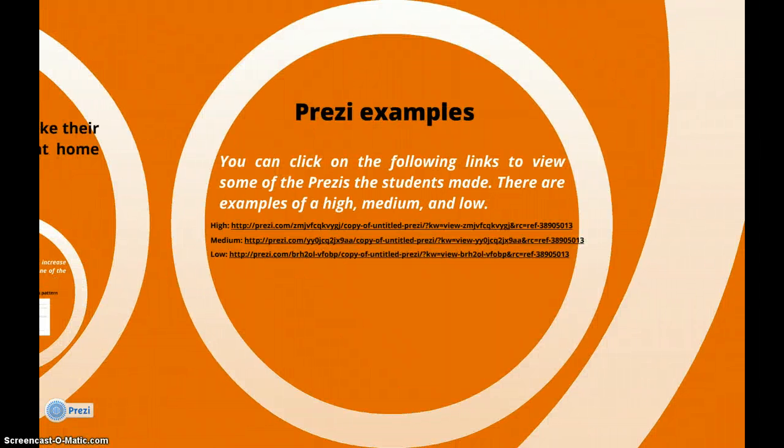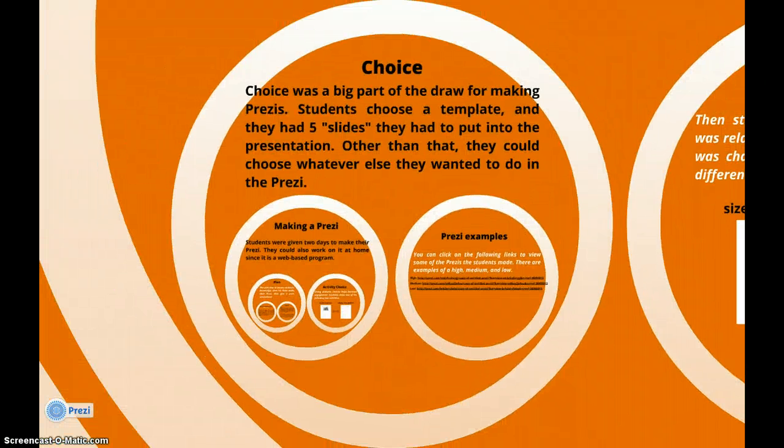After the 2 days in class, there was a wide range of finished products. So in here, if you come to my Prezi, you can click on these links here. It'll show you an example of one of the high, medium, and low Prezis that my students made. Choice is a big part of making Prezis. Students can choose one of about 25 or 30 different templates that are created.